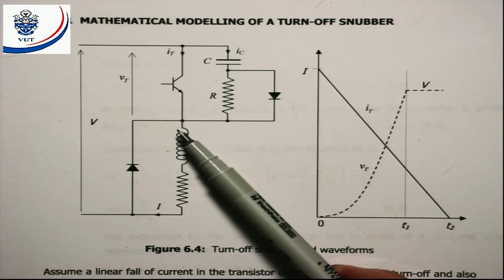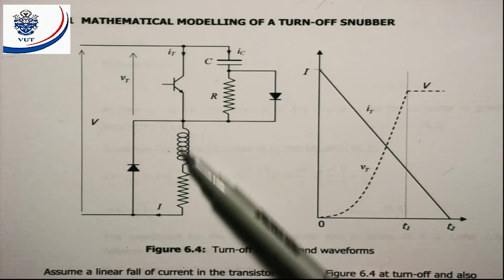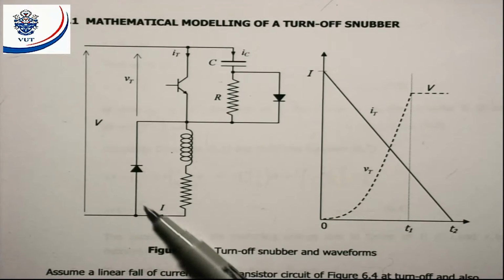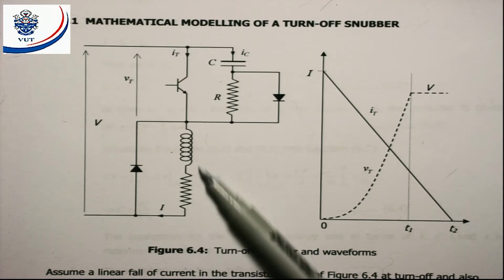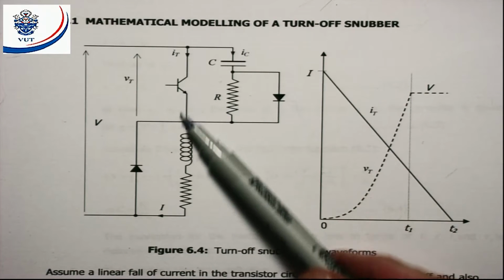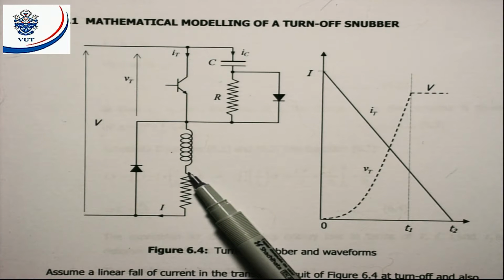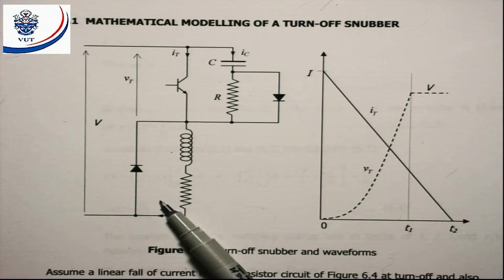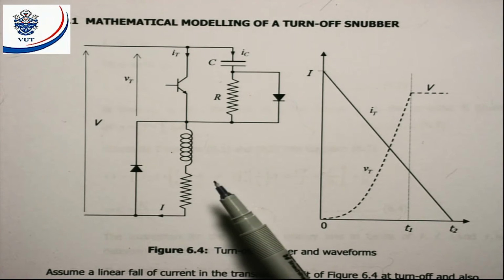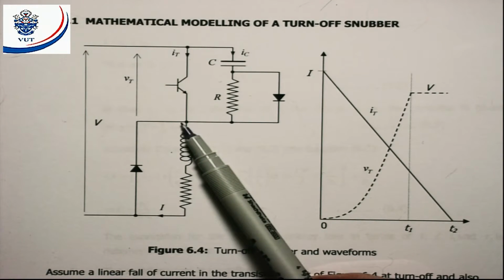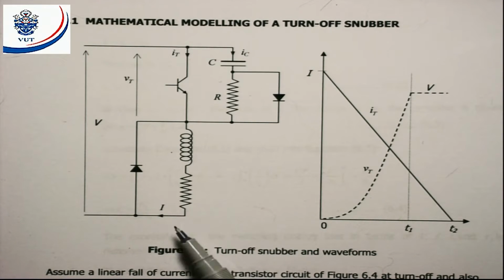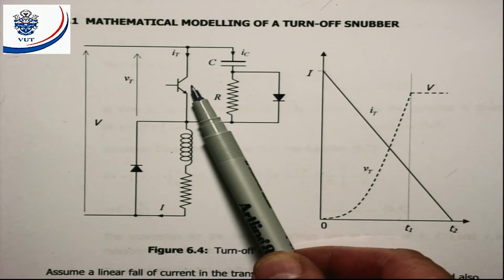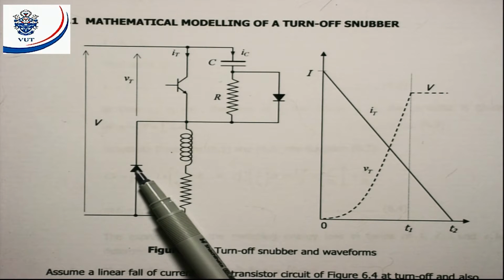So what will happen here is the current I that is flowing through the load will either be flowing through the diode or it will be flowing through the transistor. But it stays constant. And because we are switching on and off, we will have current being shared. That I will be shared between the transistor and the diode during the switching time.